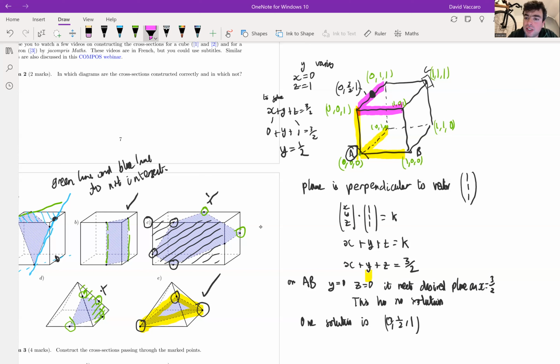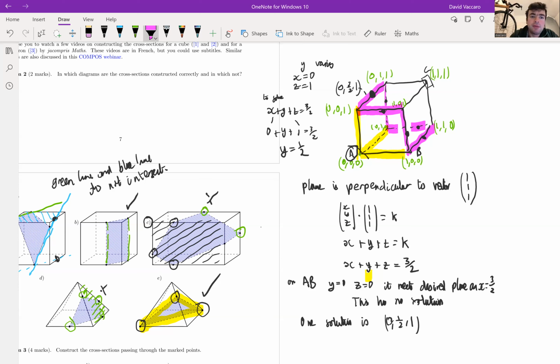Okay, there's 12 edges in total in a cube, and 6 of them neither meet A, B, or C. And by symmetry, we just get the midpoint of each one. So we get the midpoint here, here, here, and here. So 1, 2, 3, 4, 5, 6 of them.